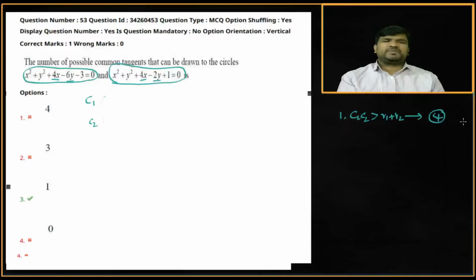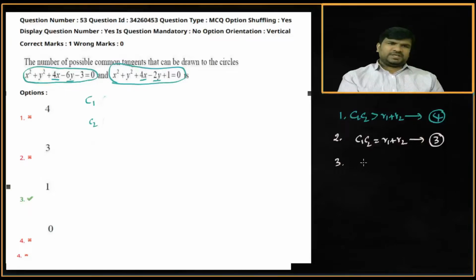A transverse common tangent can be drawn from the internal center of similitude and a direct common tangent from the external center of similitude. And the second one is, if C1C2, the distance between the centers, equals R1 plus R2, then the 2 circles touch each other externally. Then we can draw 3 common tangents.